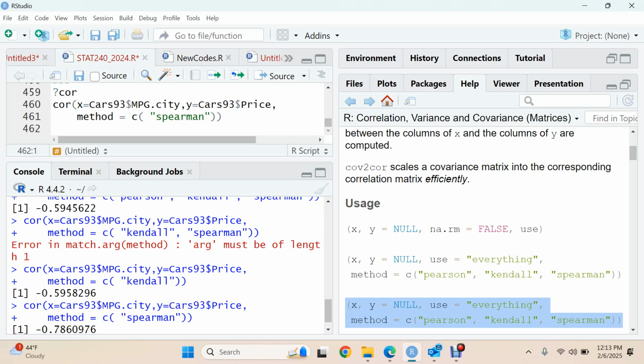And so this one, if we are using the Spearman, it's approximately 0.6. So yes, a moderate relationship between them. In other words, as a car with a higher MPG, we expect it to have what? Lower price, and vice versa. Okay. All right. Any question on this?